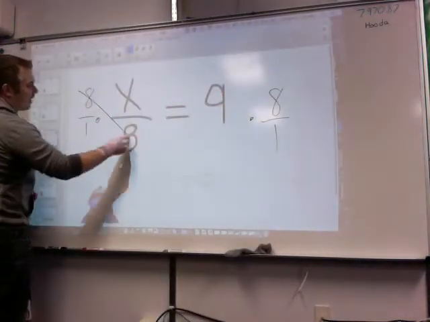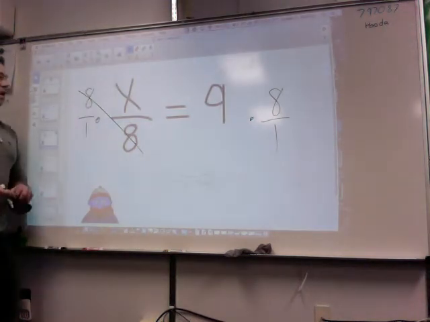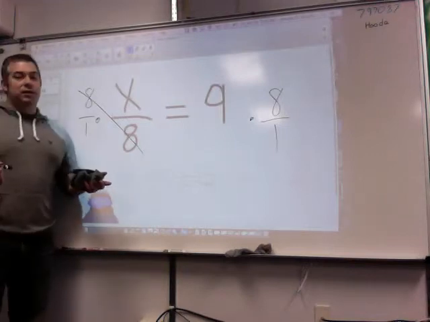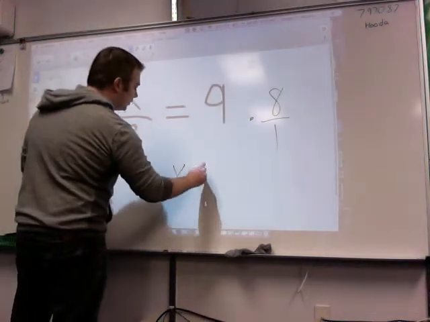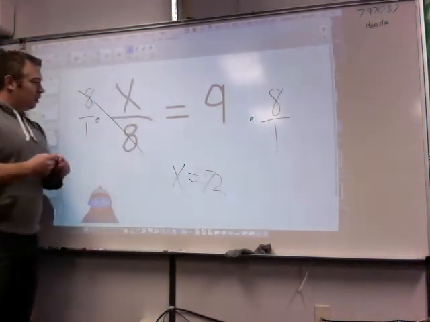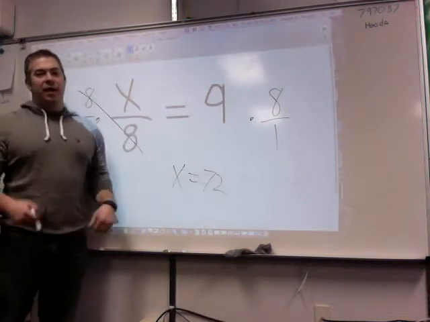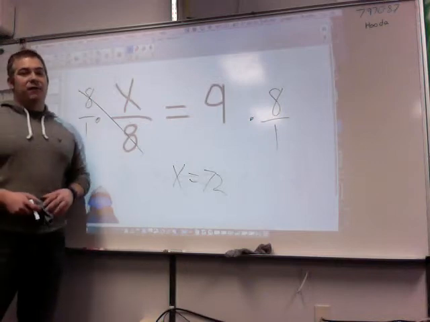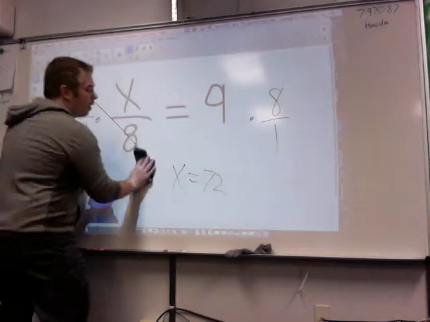These 8's cancel out, and I'm left with just 1x, which is x. x equals 9 times 8, and 9 times 8 equals 72. So x equals 72. Plug it in and check. Is 72 divided by 8 equal to 9? At home, you should be checking my work right now because you do know I make mistakes at least 3 or 4 a day, sometimes even more, but I think I'm right on this one.